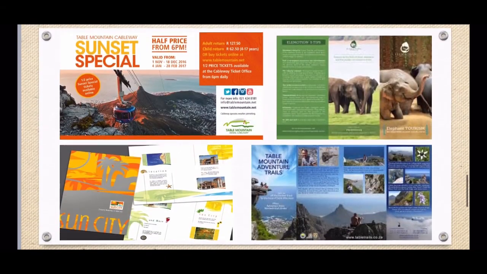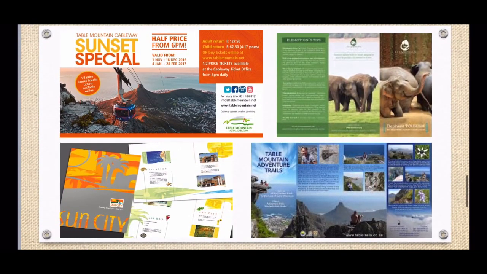Okay, so I have some examples of brochures. We have one for Table Mountain. We have one for the Elephant Park. We have another one for Table Mountain Adventure Trail, so hiking up the mountain. And then there's one for Sun City as well. Please remember that these brochures are just opened up, so they don't actually look like this once you fold them.